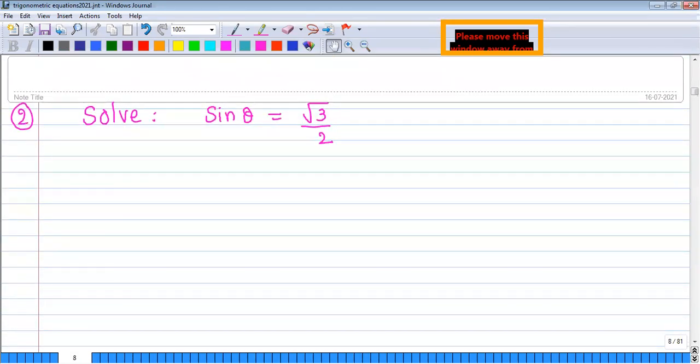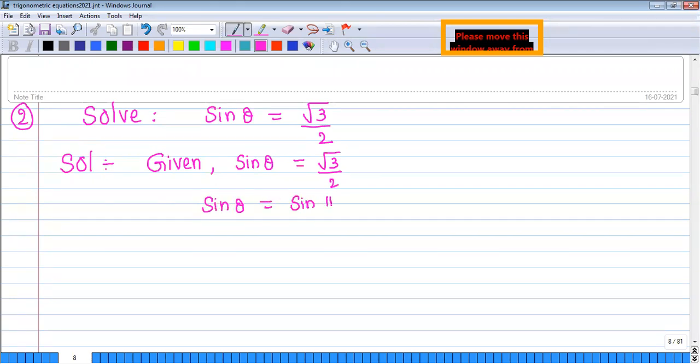Right, let us solve this one now. Solution: given sin theta equals root 3 by 2, we can write sin theta equals sin pi by 3. Now the principal value of theta, alpha, is equal to pi by 3.